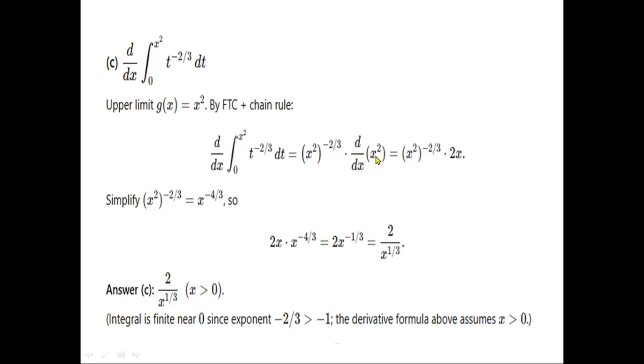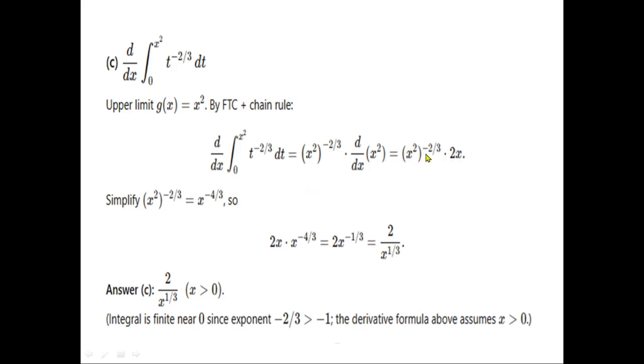The differentiation of x power n is n into x power n minus 1, that is 2 into x power 2 minus 1, which is 2x.